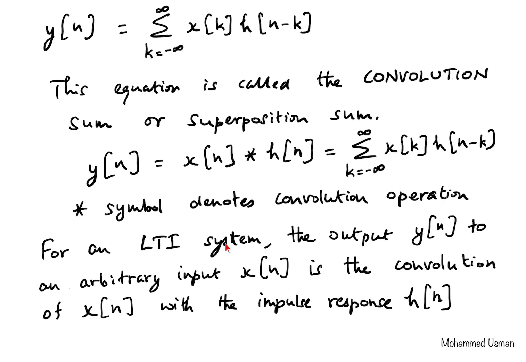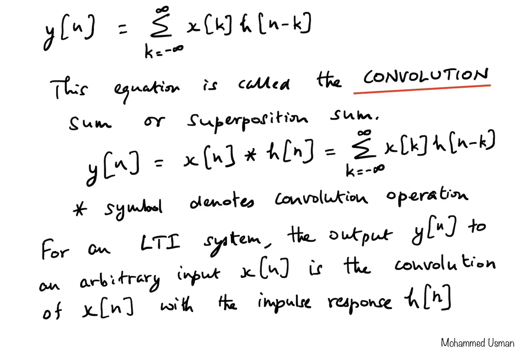So what we see here is that the output of an LTI system to any arbitrary input x of n is nothing but the convolution of the input x of n with the impulse response of the system h of n. So that's x of n convolution with h of n, and convolution operation is defined by this summation here, which is called the convolution sum.